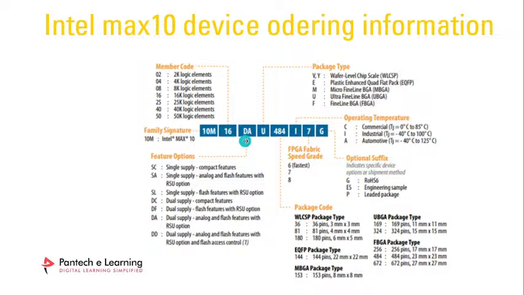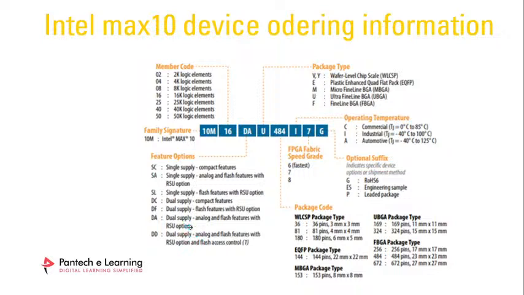Coming to the next, DA means feature options. SC stands for single supply. SA is single supply with analog and flash features. SL is single supply with flash features and RSU options. DC means dual supply but compact features only. DA is dual supply, and you can access analog and flash features with the RSU option.